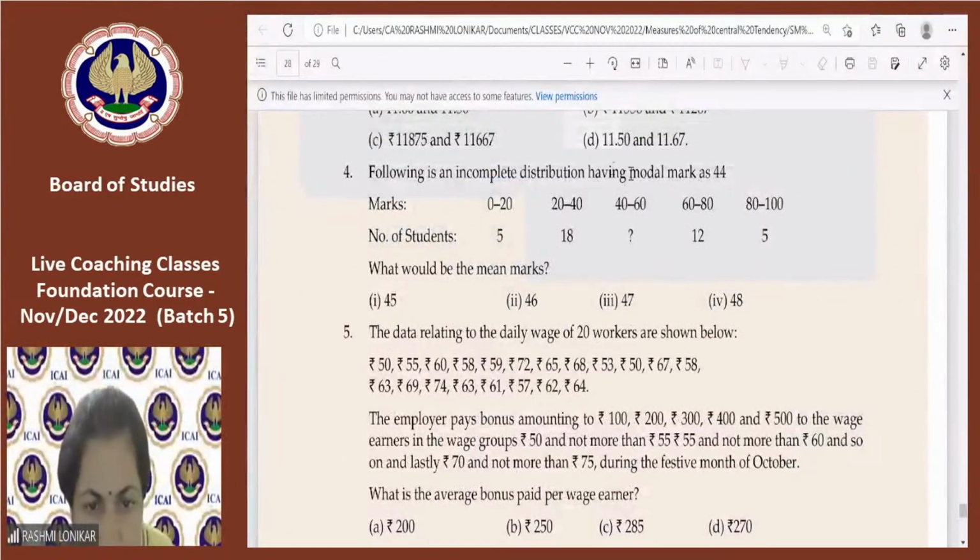What would be the mean marks? Modal marks is already given to you as 44. So that means this is your mode. Okay. So what is the formula for mode?